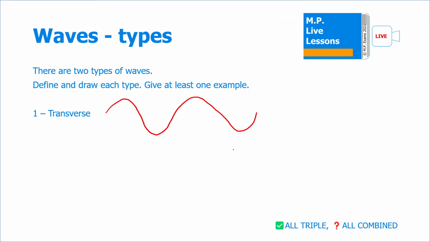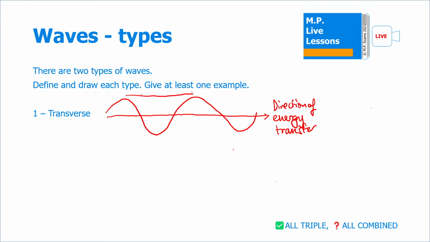We can draw a few things on here, such as the direction of energy transfer. From peak to peak, for example, is your wavelength, and this is your amplitude.